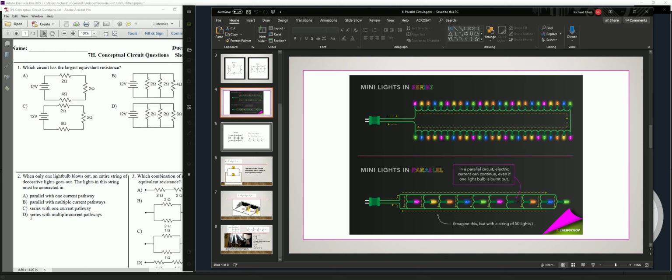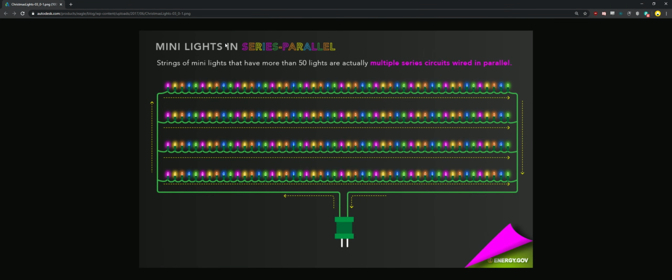What choice D is saying, series with multiple current pathways, is this. This is a series circuit with multiple current pathways. So even if a light burns out on the top string, then that entire line will go out, but not the other strings, because there's a different current pathway.